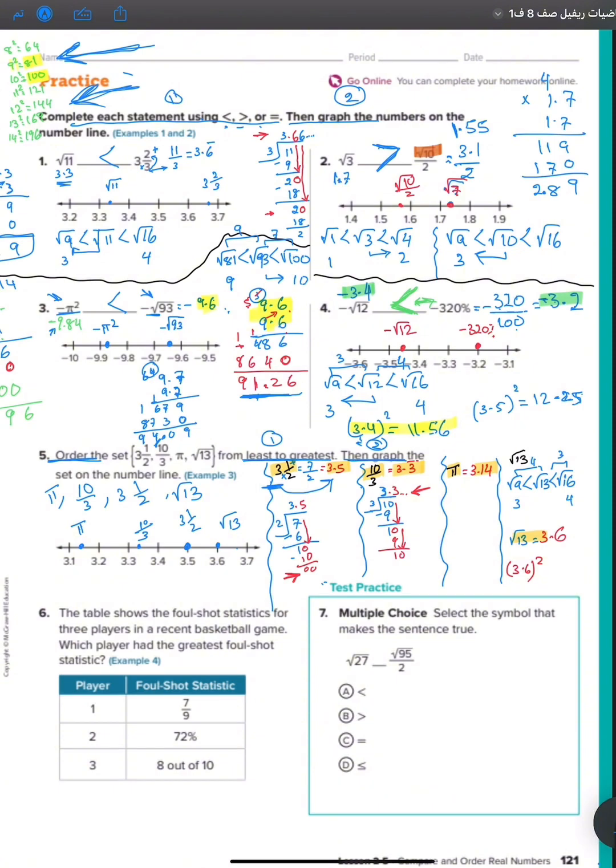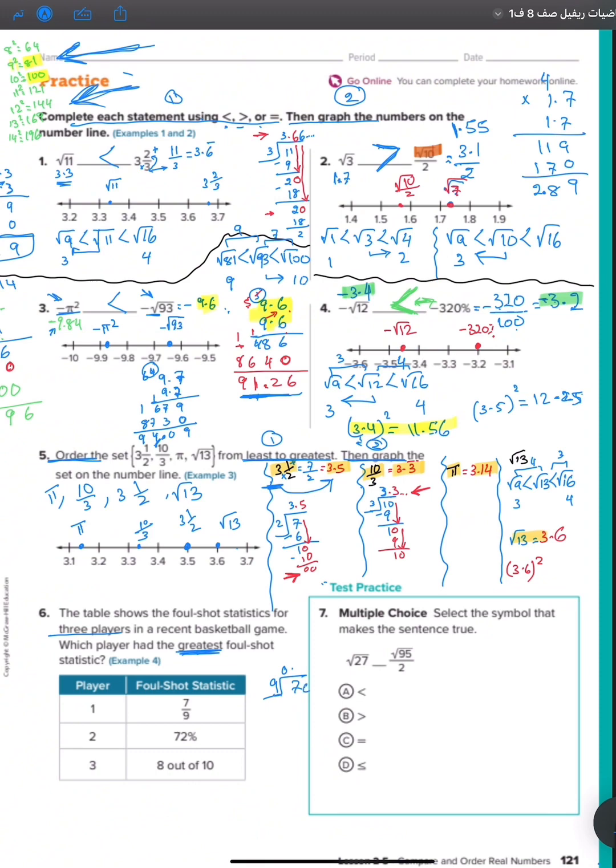Let's move to question number 7. The table shows the free throw statistics for 3 players in a recent basketball game. Which player had the greatest? Before we choose, we must put all as decimals. So 7 divided by 9, use long division. 7 divided by 9, we write 0 point.